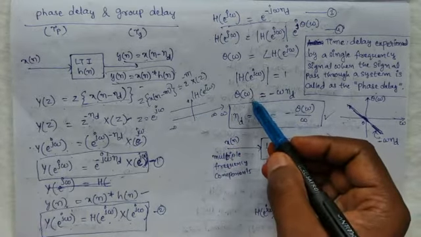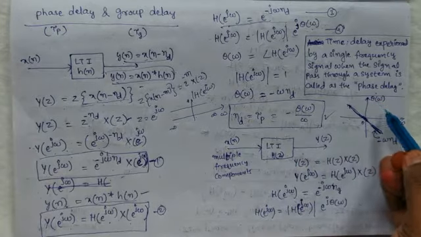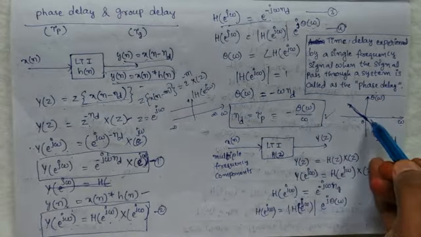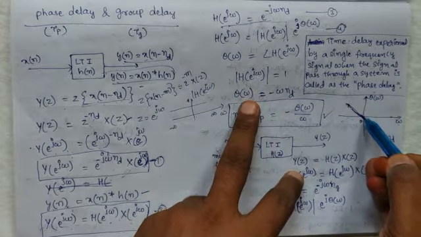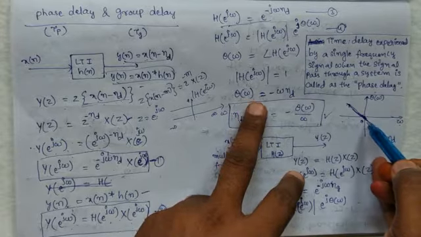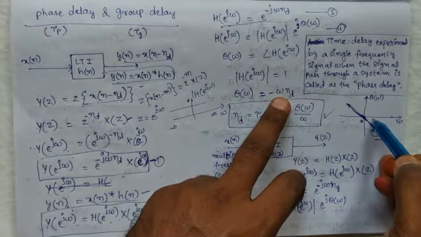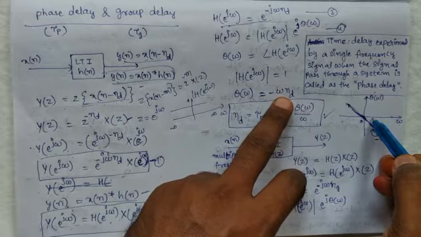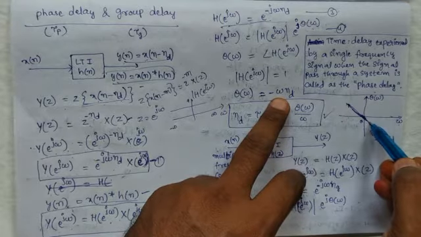Now we are drawing the phase response, theta of omega versus omega. For omega equal to 0, what is the phase angle? Theta of omega is 0. For positive values of omega, for example omega equal to 1, theta of omega is minus nd.